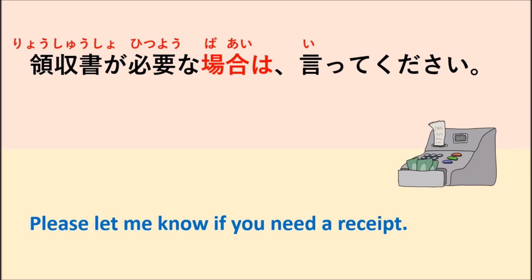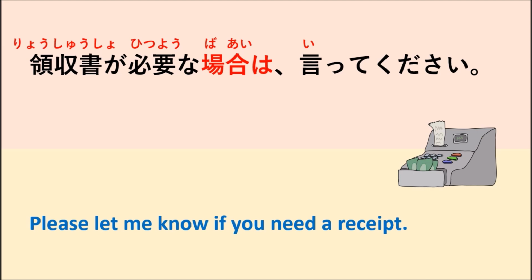In a case like this, before Baai is 必要な. 必要 means need, right? But 必要 is a na adjective, so after 必要 we add na. When we use the na adjective, you don't need to change anything between na and Baai. Just say 必要な場合 or きれいな場合, something like this. So 必要な場合 means in the case you need, or if you need. So in this sentence, you can say, please let me know if you need a receipt, or please let me know in the case you need a receipt.